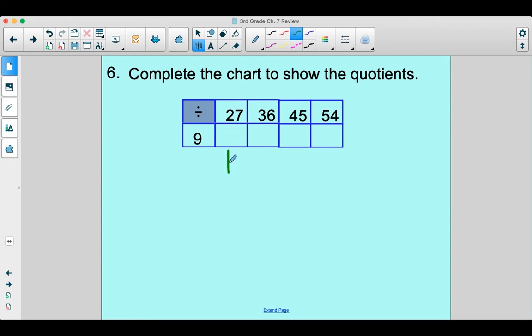So this one here is going to be 27 divided by 9, and we'll put the answer there. Okay, so how many times would you have to count by 9 to get to 27? Let's see, 9, 18, and then the next one would be 27. So this right here would be a 3.